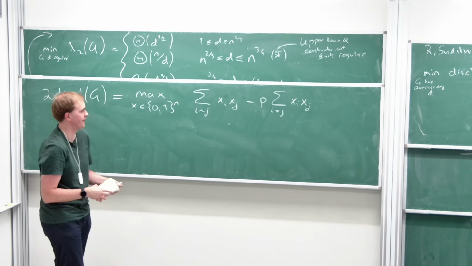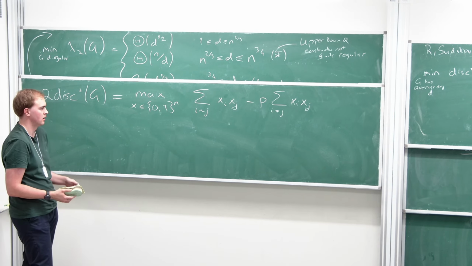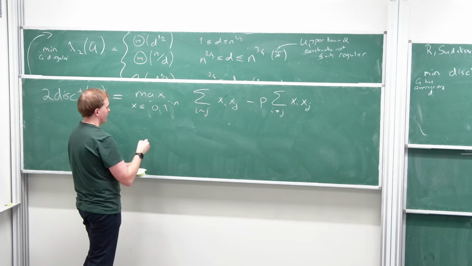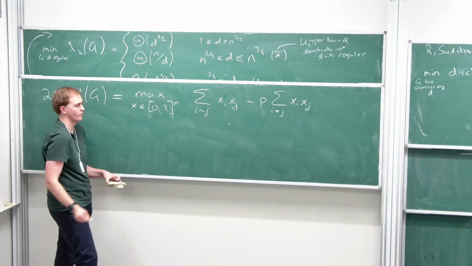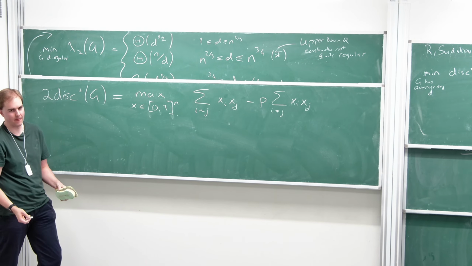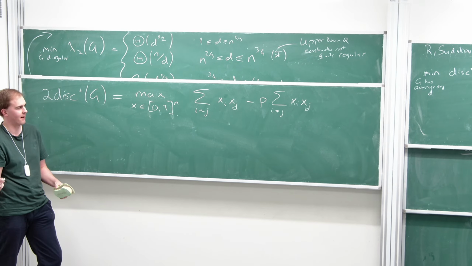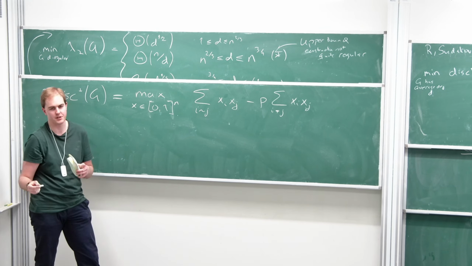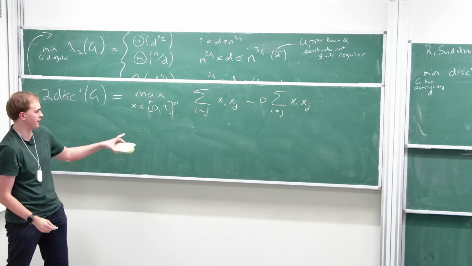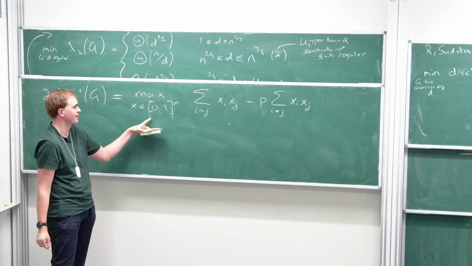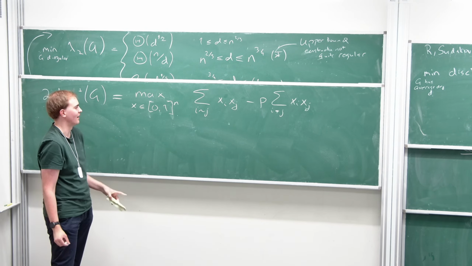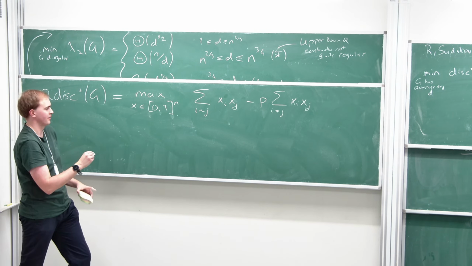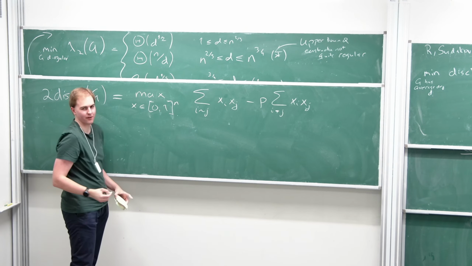The trick to observe here is that we can actually replace this discrete set of 2 points with a continuous interval. And the reason is that if we fix all but one variable, then this is going to be a linear function in the last variable, so it always achieves its maximum at one of the endpoints. So in this maximization problem over the cube [0,1]^n, the optimal point occurs at a vector where every coordinate is 0 or 1.